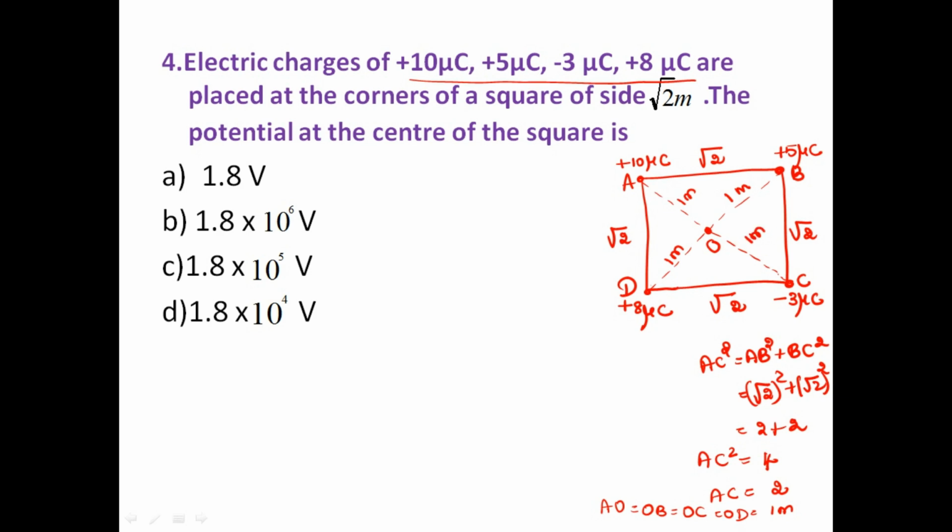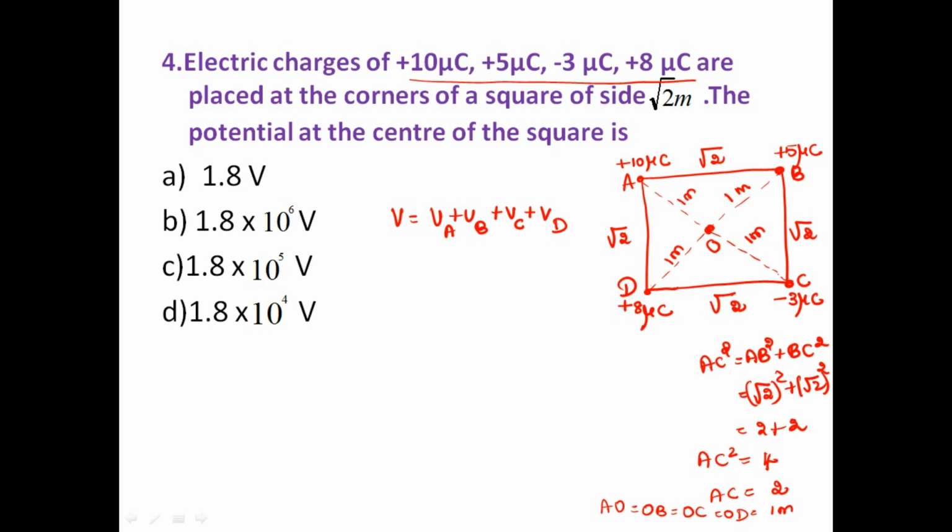Our next thing is to find the potential at the center of the square, due to all the 4 charges. Here we are going to use V, the potential at the point O due to the charge present at A, which is VA, the charge present at B, charge present at C and charge present at D, makes them to have different potentials.